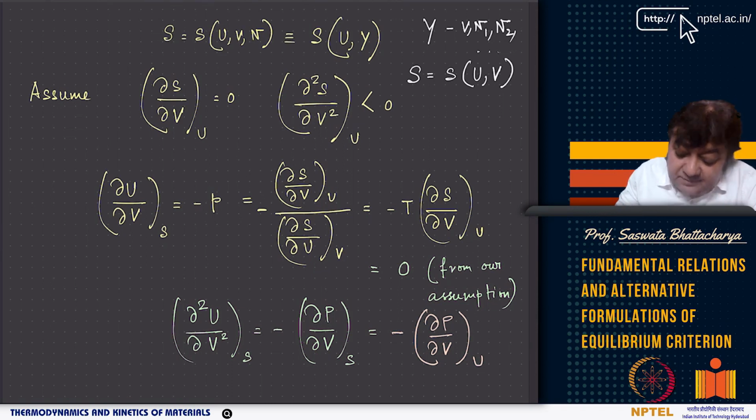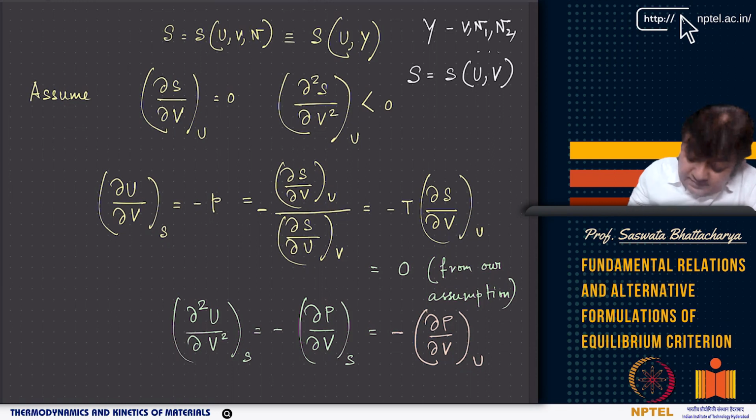Now this extremum has to be a maximum, so we have to look at the second derivative. The second derivative, del 2S del V square, for the same fixed internal energy has to be less than 0. That means it has to be negative. If it is negative, indeed it is the maximum value. So we are maximizing.